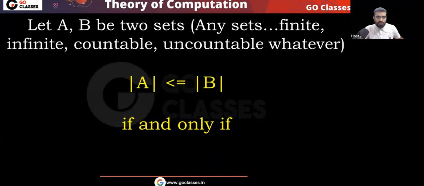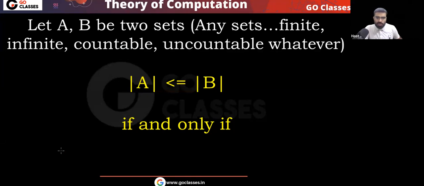Tell me the answer for this question. What is the definition of this? Set A's cardinality is less than or equal to set B's cardinality. When can you say this? When there exists an injection from A to B. Very good.